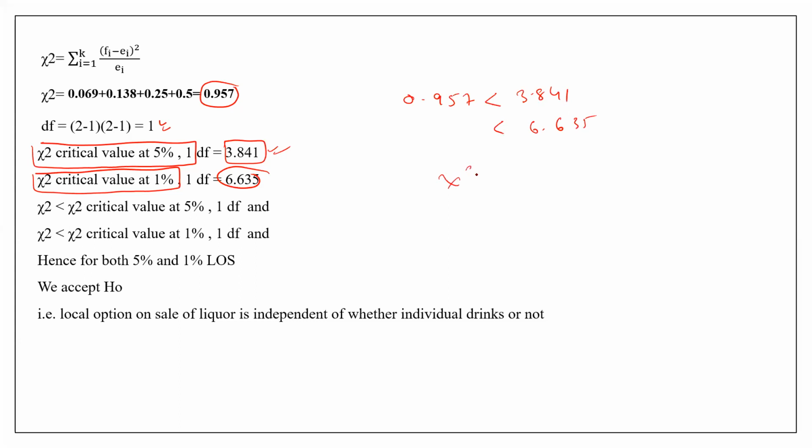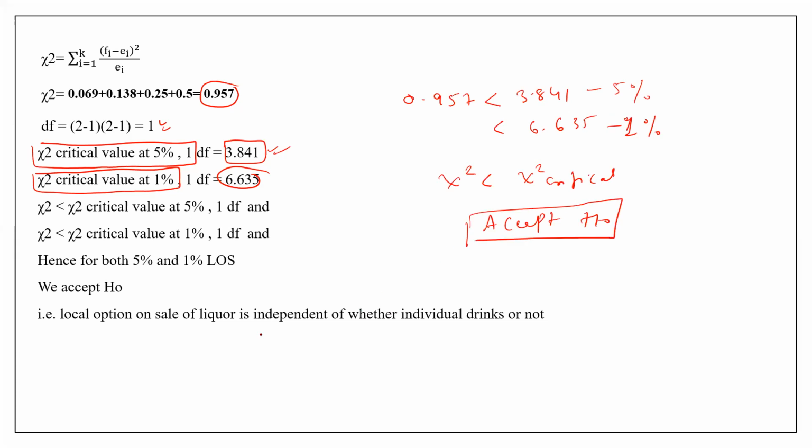So if the chi-square value is less than the chi-square critical value, we will accept the hypothesis H naught. So at 5% and at 1%, your H naught is accepted for both levels of significance.